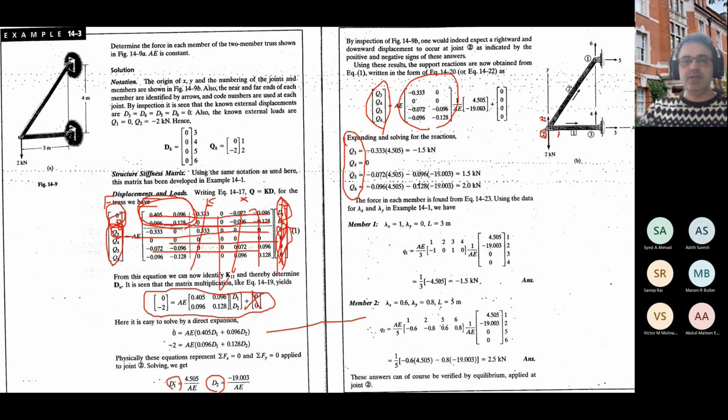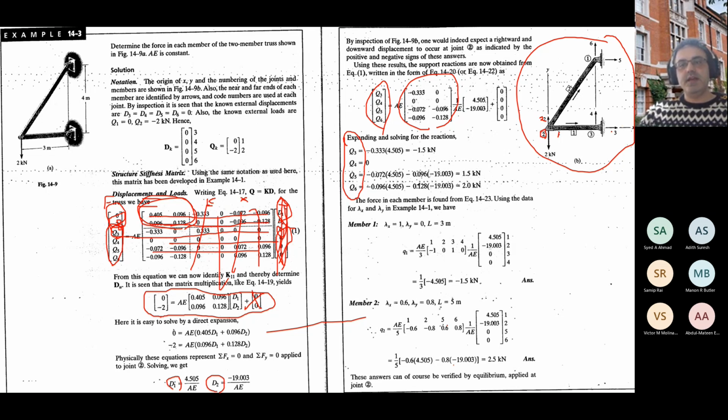And one beautiful thing you can do before going for the final part, which is obtaining the forces in each element: if you can write the equilibrium equation for the whole structure and see that it is valid, you haven't made any mistake in your calculation. Because when you have all the support reactions, you can say, for the whole structure, summation of fx should be 0.